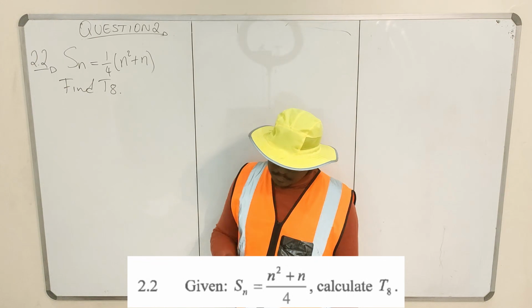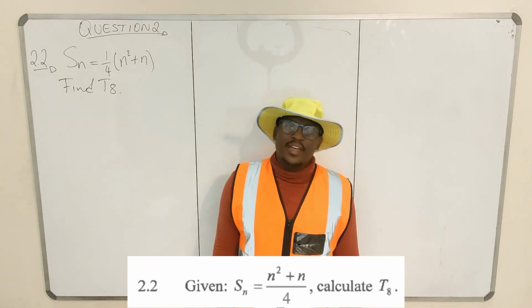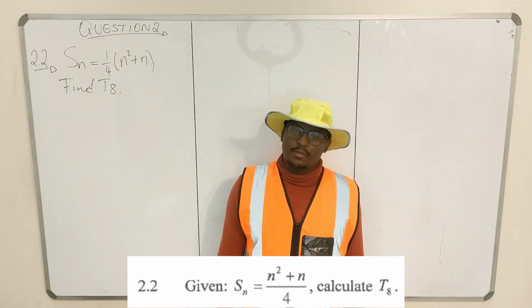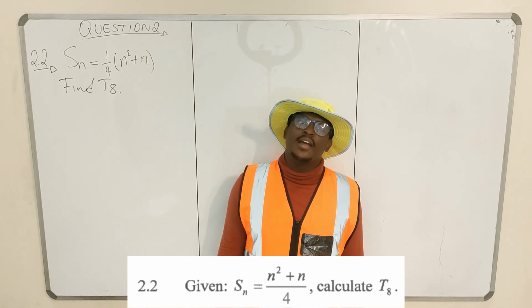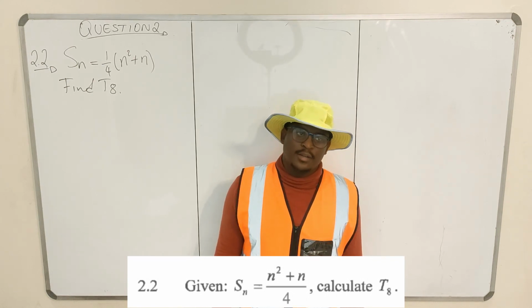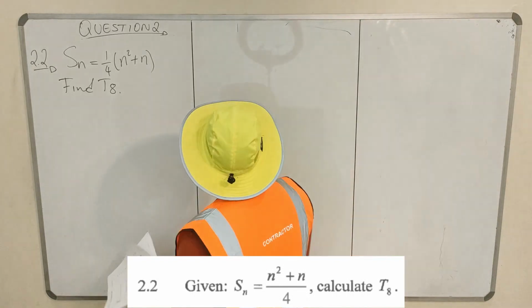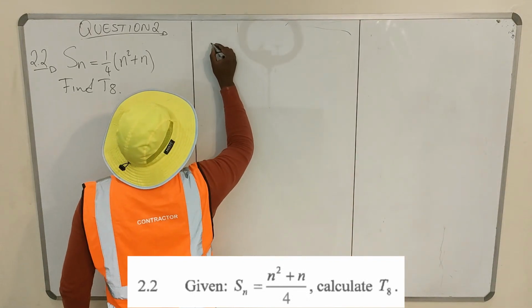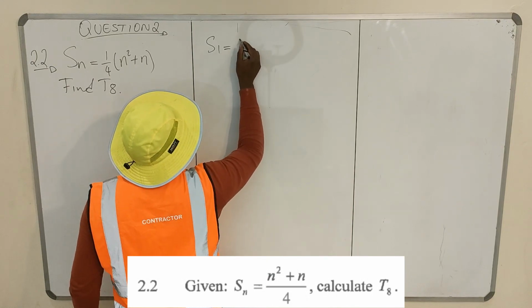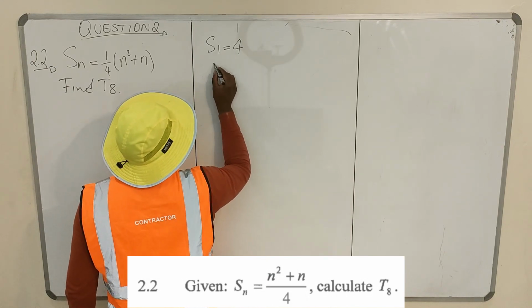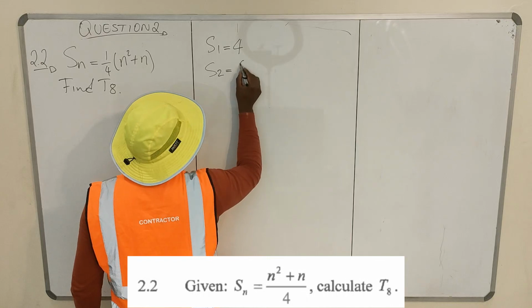Okay. Let's say we are given 2 terms. Actually, let's say you are given a sum of 2 terms, right? So let's say the sum of one term is equal to 4. The sum of 2 terms is equal to 6.